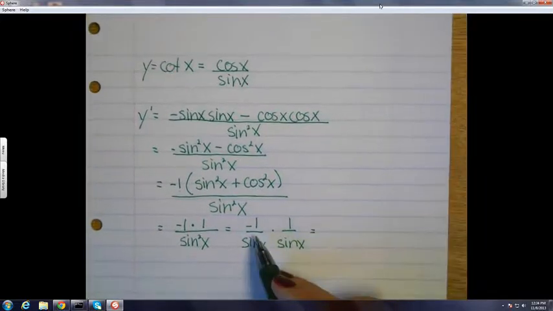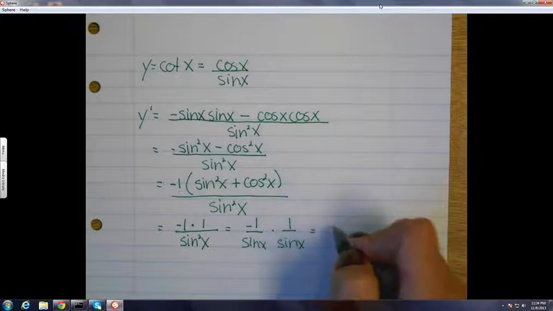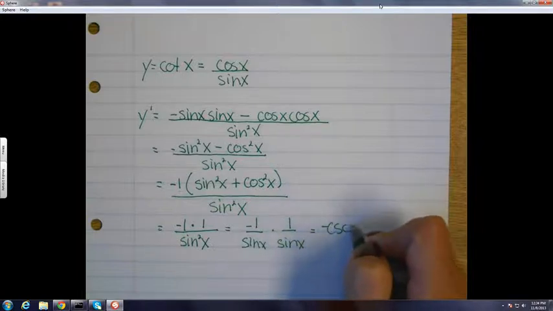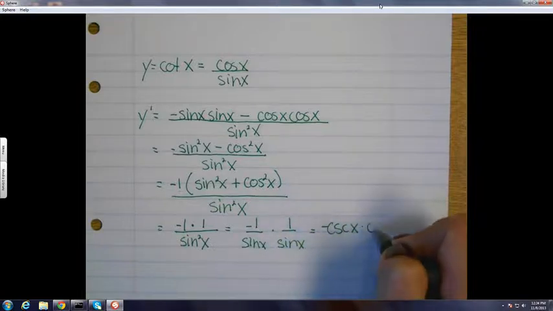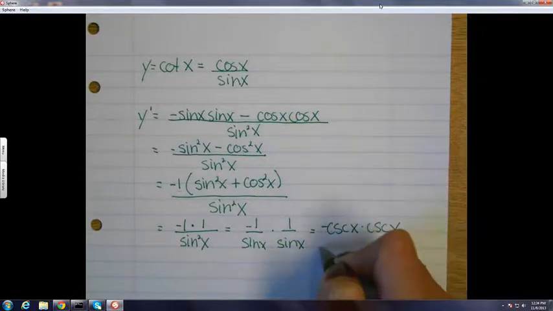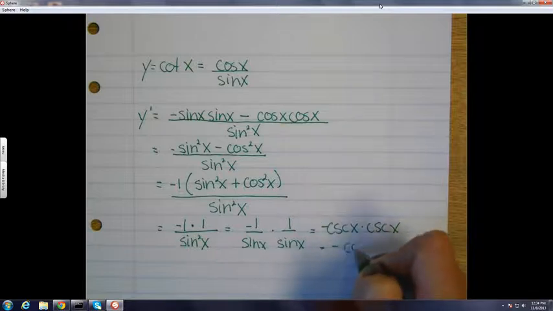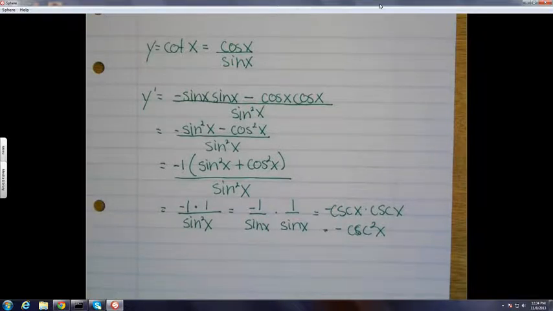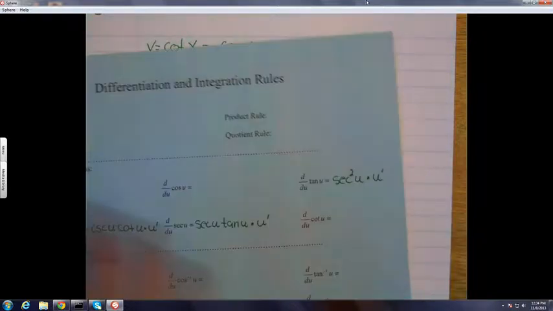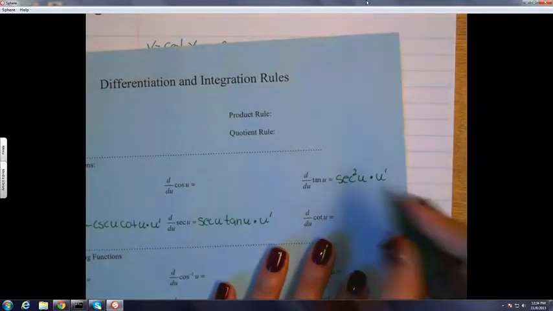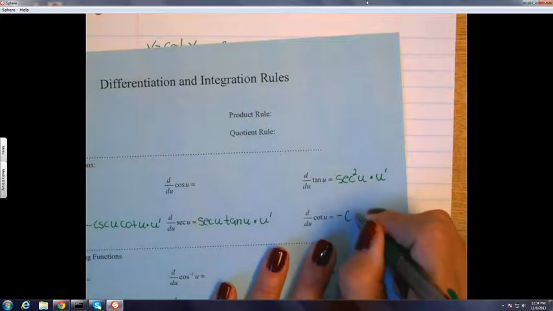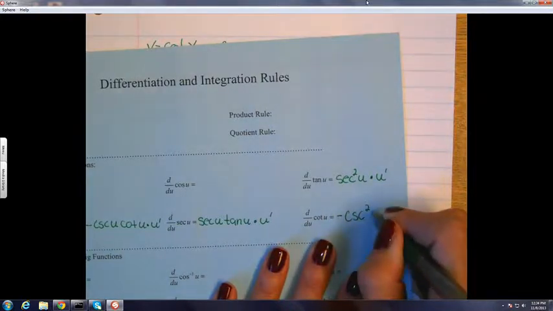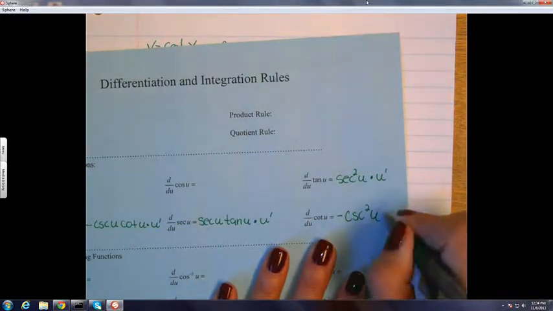So this would be a negative cosecant times a cosecant, and we get a negative cosecant squared. So, adding that rule, derivative of cotangent is negative cosecant squared of the angle, and then times the derivative of the angle.